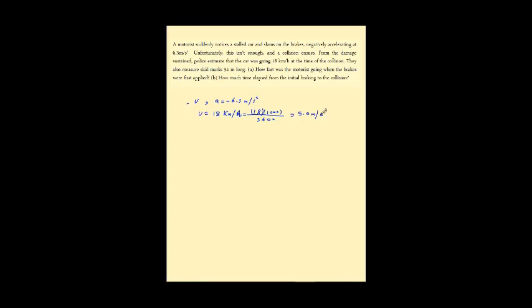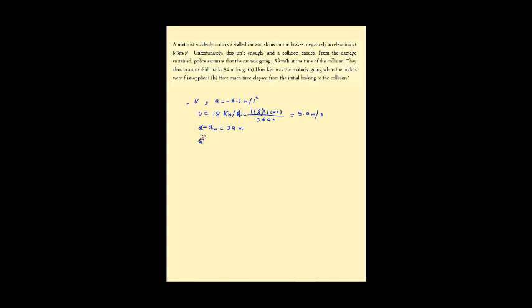So police estimate that the car was going 18 kilometers per hour at the time of the collision. They also measure skid marks 34 meters long. So x minus x0 in this case is 34 meters.